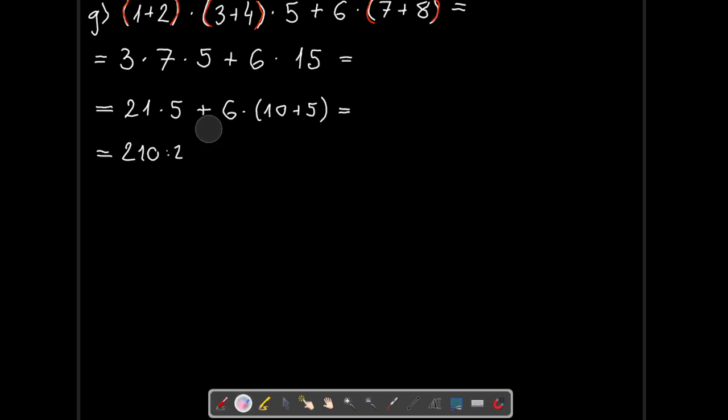And that part becomes 105. We can alternatively just column multiply. Okay, and with the distribution rule, we just multiply 6 by each number in the bracket.